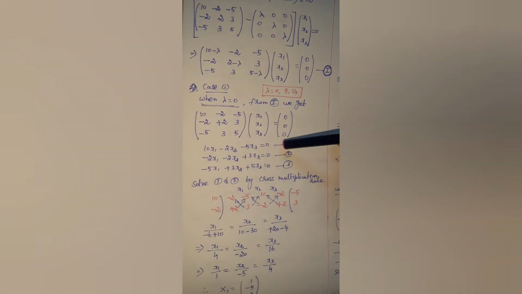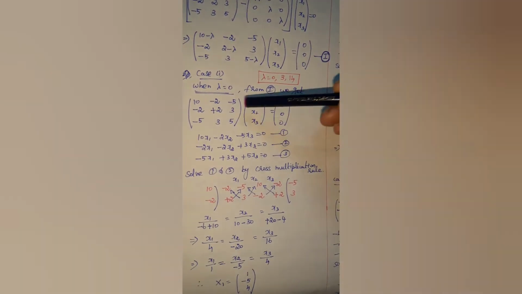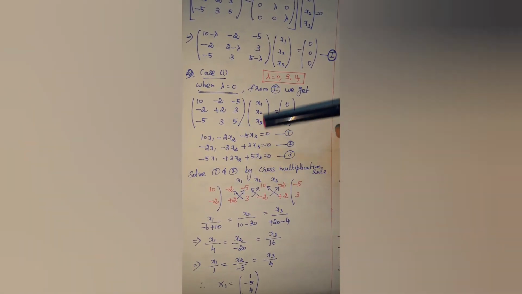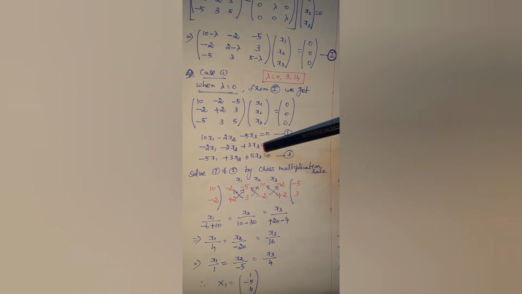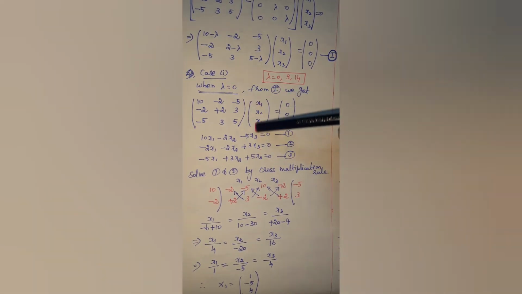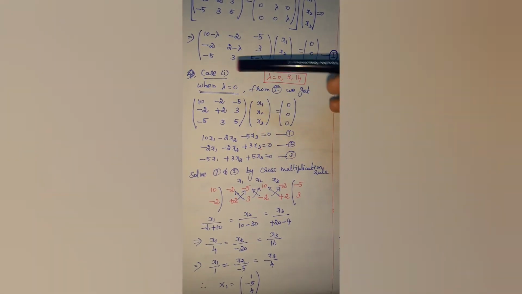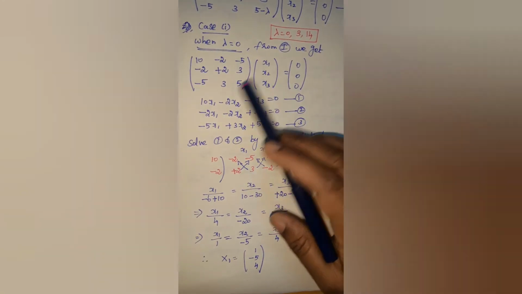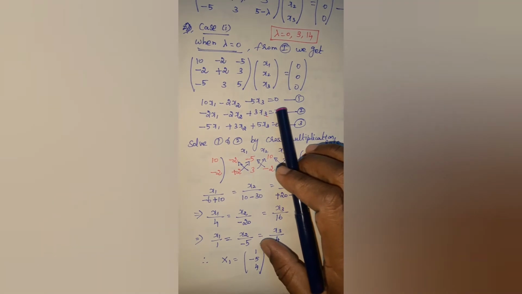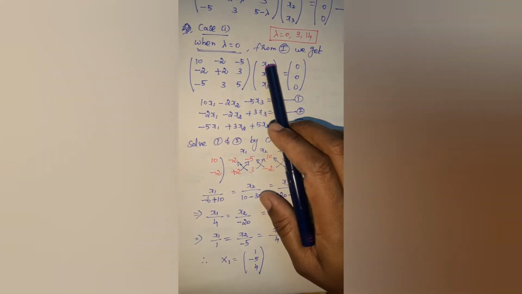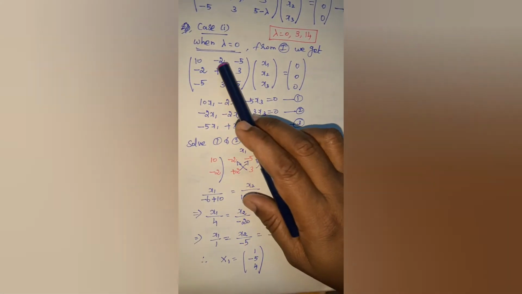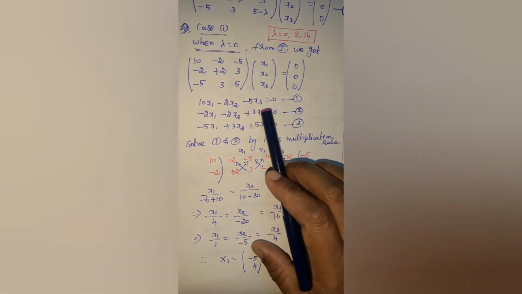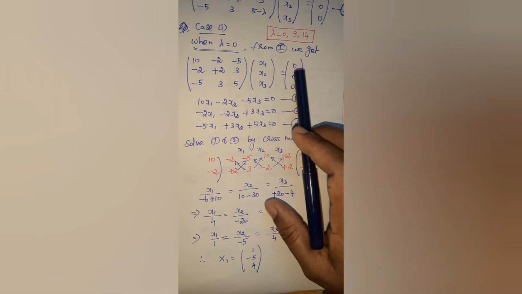Now in the next step, you write this matrix in the form of equations when you multiply these variables, right? So 10 into x1 is 10x1, minus 2 into x2 is minus 2x2, minus 5 into x3 is minus 5x3, equal to 0.